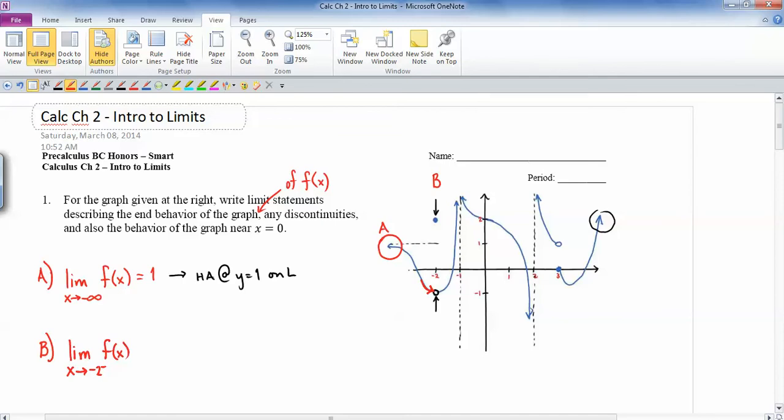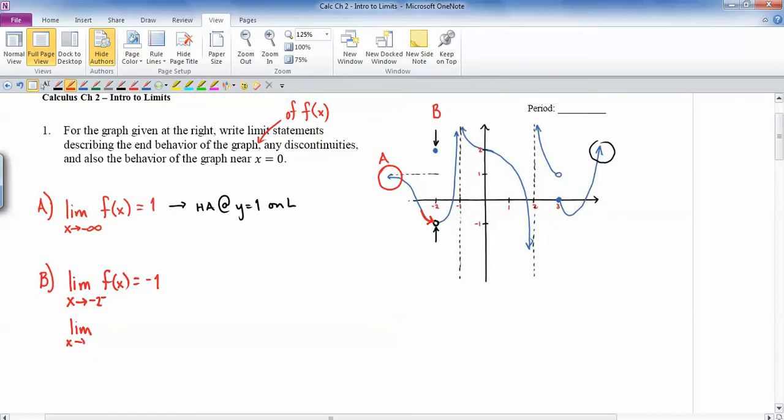So just close to -2, the f values are close to -1, right? And if we say what happens as x goes to -2 from the right side, on that side, it also gets close to the y value of -1. But if I actually said, what's the function's actual value at -2? Well, that's way up here at 2.